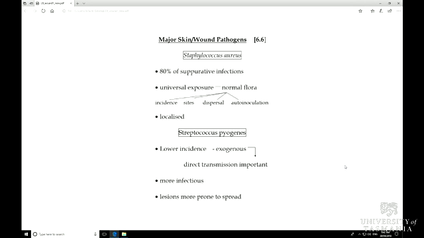So nose, throat, groin, axilla, perineum. I won't demonstrate. They're the 5 most common sites you carry Staph aureus.